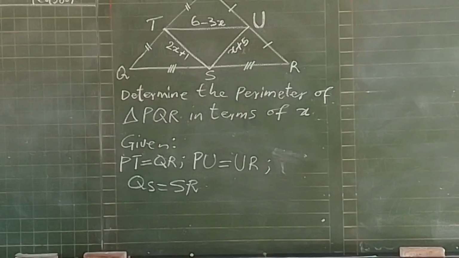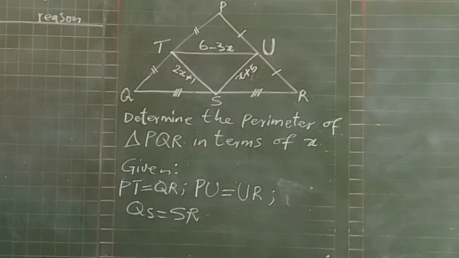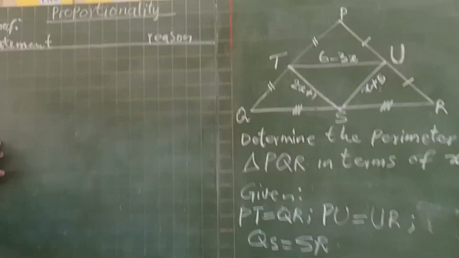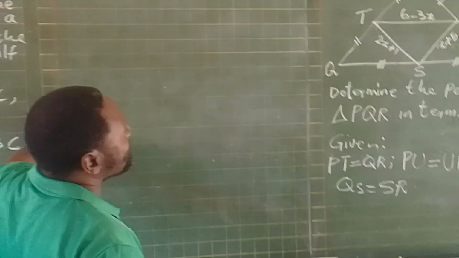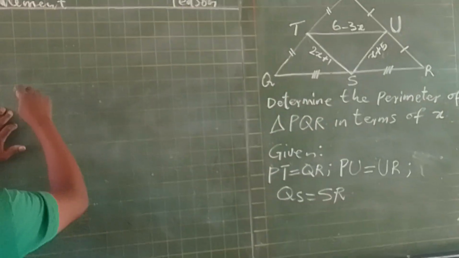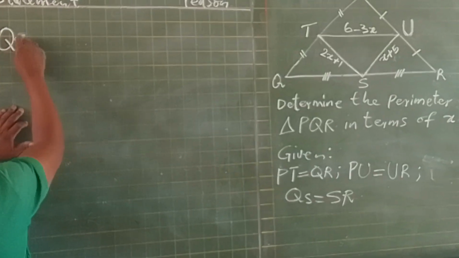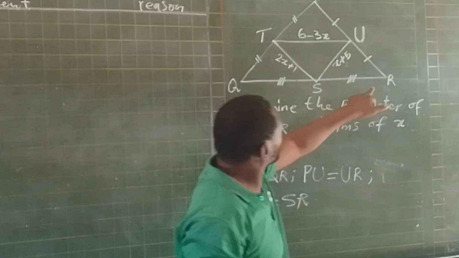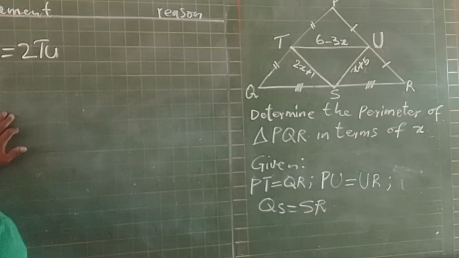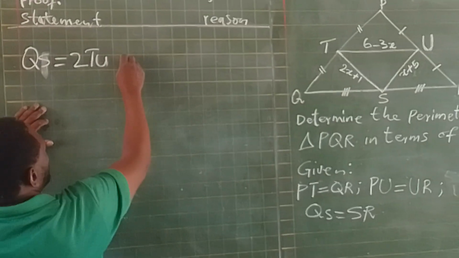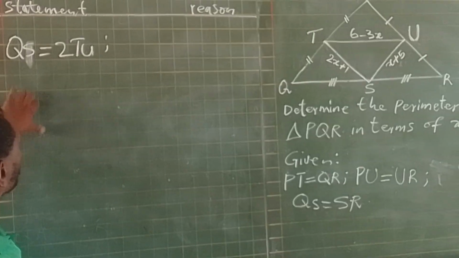Step number 1: QR is twice TU. This is our statement.